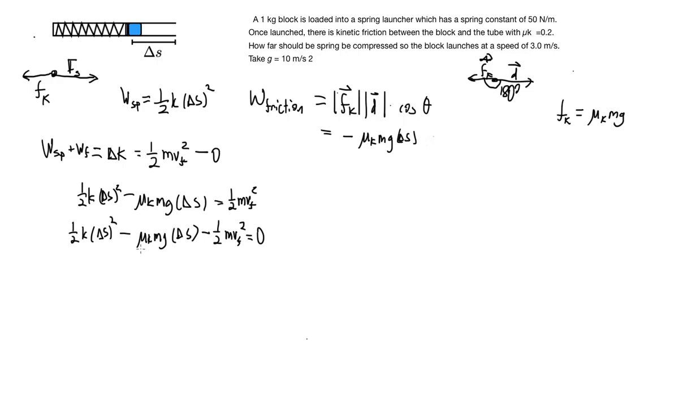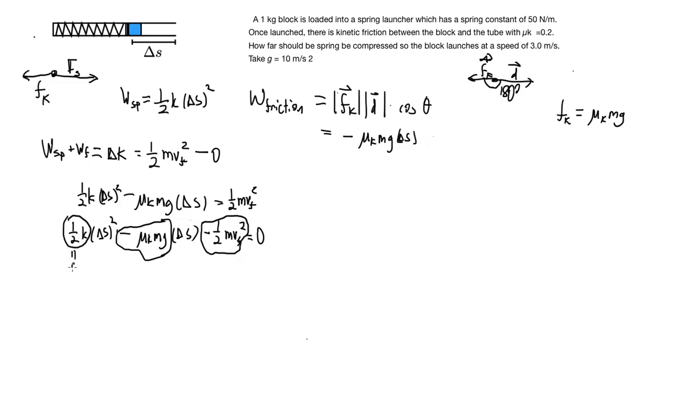That means that I can solve it by using the quadratic formula. To be clear, everything in front of but not including the delta S is the coefficient in front of it. The 1/2 k is the coefficient in front of the delta S squared, and then minus 1/2 m v final squared is the constant term.